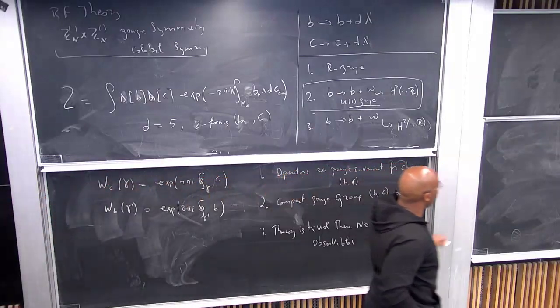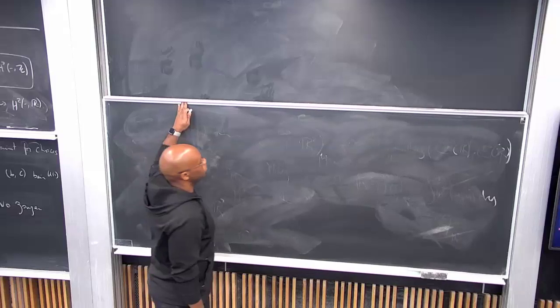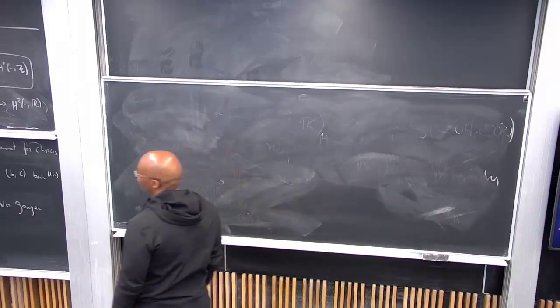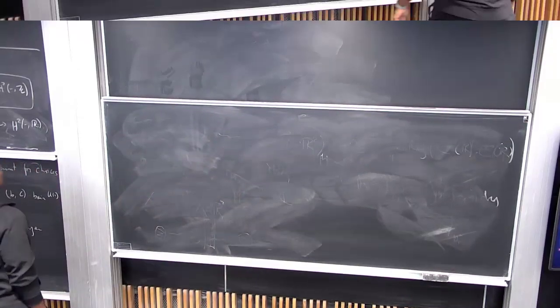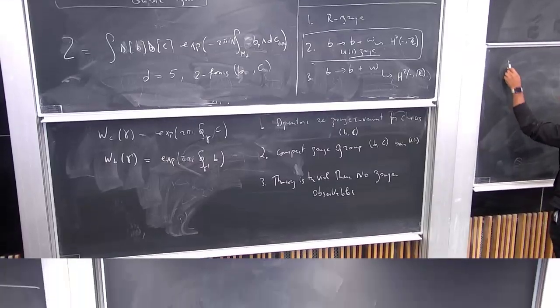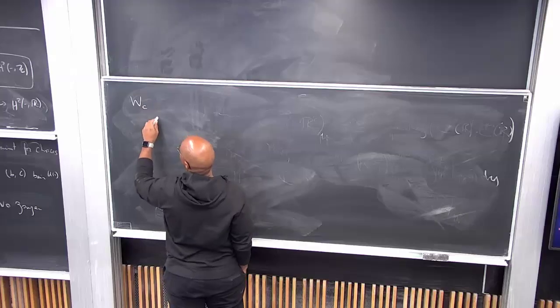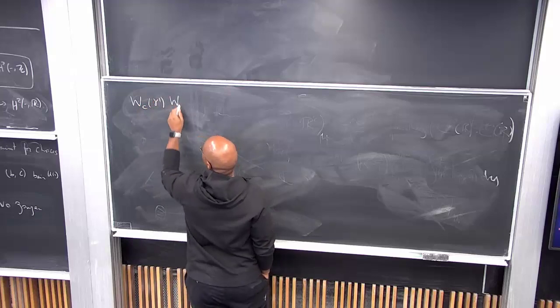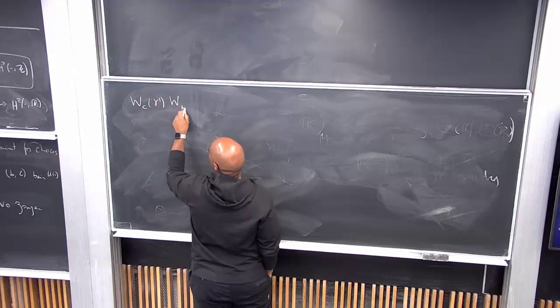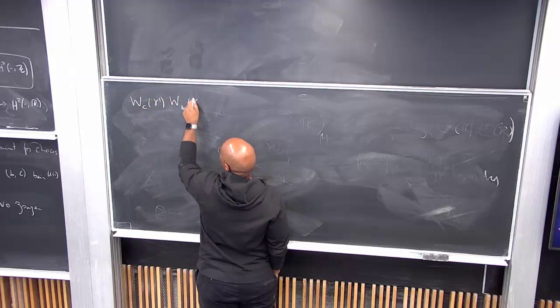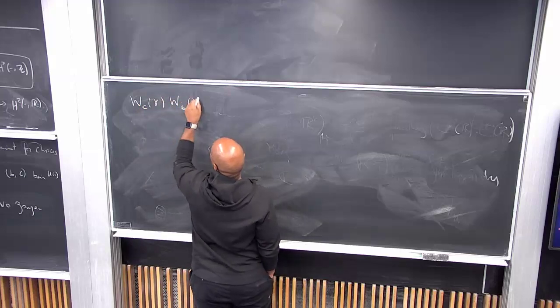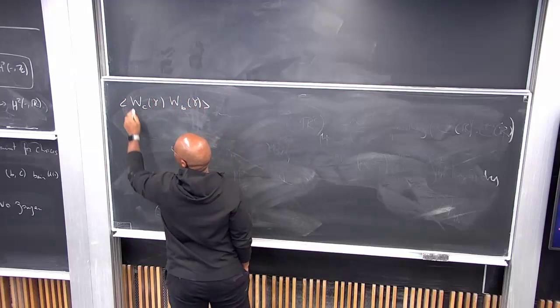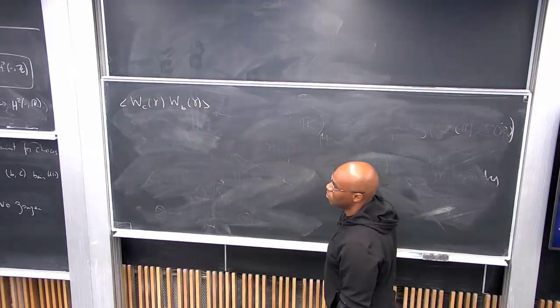The thing that I might want to compute is the correlation function of these two operators. I want to say, what is WC of gamma prime times WB of gamma? I want to compute this observable.